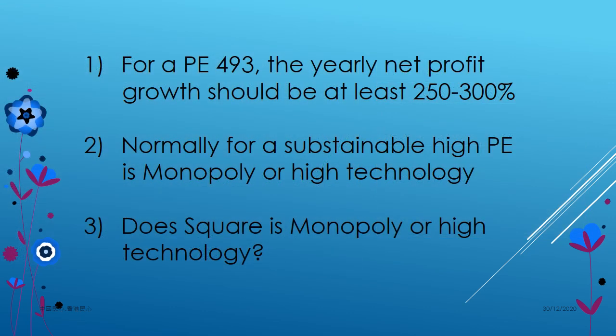For a traditional explanation, for a PE of over 400, the yearly net profit growth should be at least 2.5 to 3 times. This is the official way. That is what I learned from my master many years before.